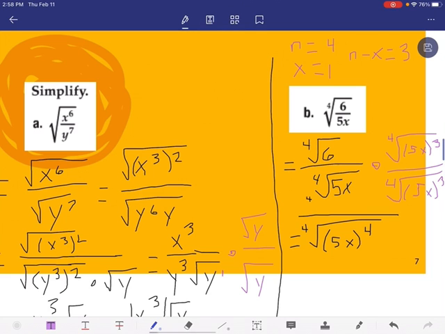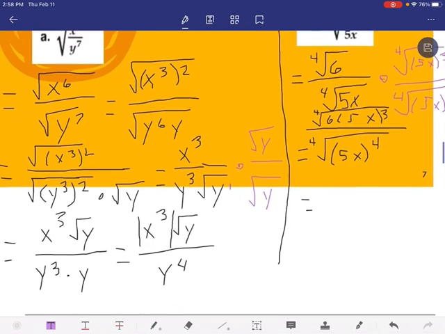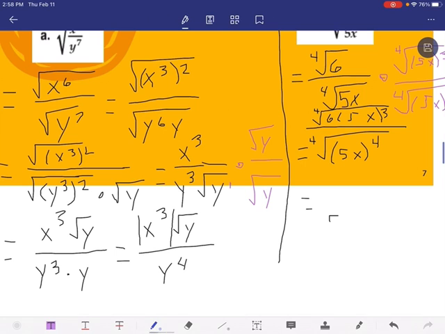So those will reduce, and then notice on top we would have the 4th root of 6 times 5x to the 3rd. So notice on bottom, since they will reduce, I'll just be left with a 5x.